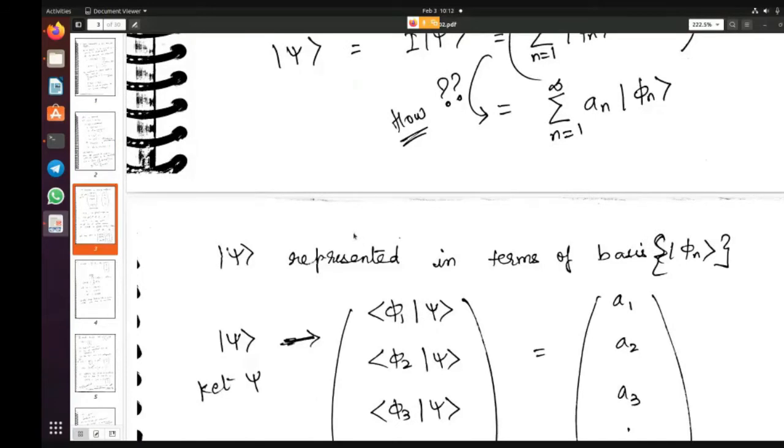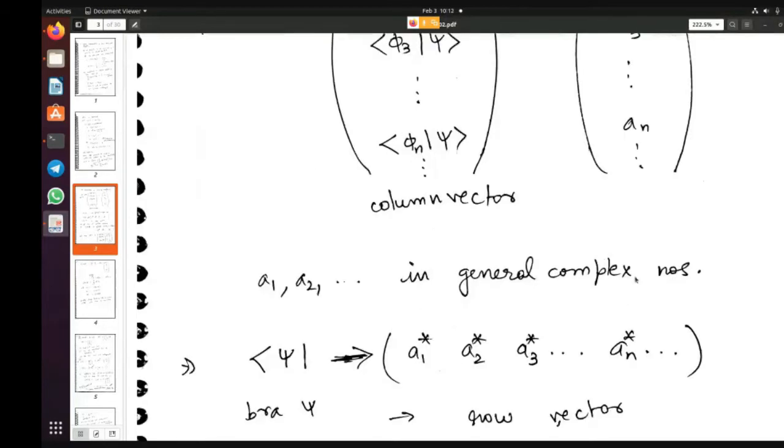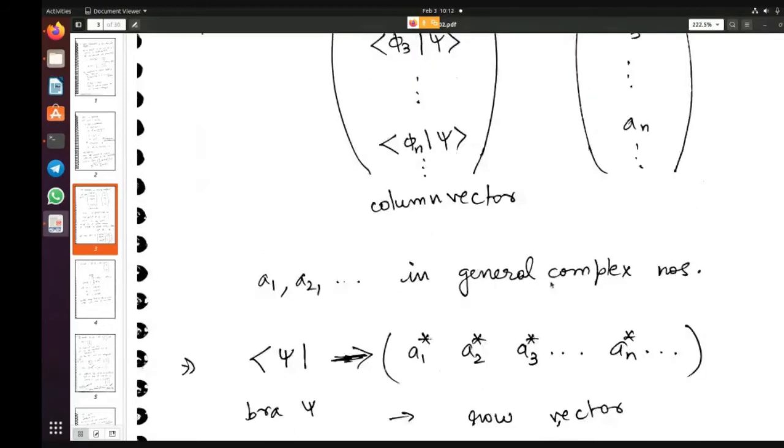Okay, so let's see. So psi can be represented in terms of the basis phi n. So basically we have this column vector. The state vector psi can be represented as this column vector. So we have phi 1 psi, phi 2 psi, phi 3 psi, and so on, all these scalar products. And this is going to give us a1, a2, a3, etc. up to an. And the bra psi will then obviously be the row vector.